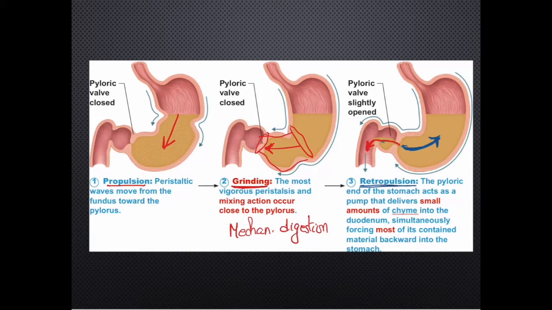Getting more grinding, more mechanical digestion, more chemical digestion to this amount of food that's going to remain in my stomach. So you see here, all this amount of food will be broken down another time, passing through the pylorus where I have the most vigorous muscle contractions.